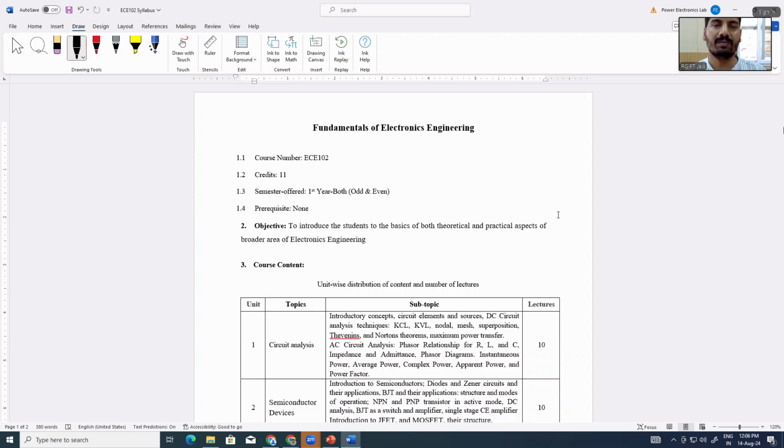Based on the concept taught in the class, we will give you some numerical problems to solve, and we will discuss the questions where you are facing problems in the tutorial class, so that you can understand the concept better.